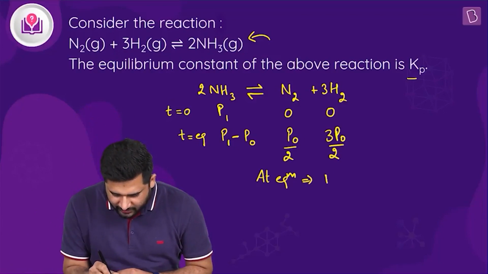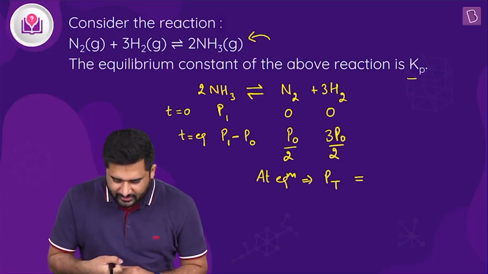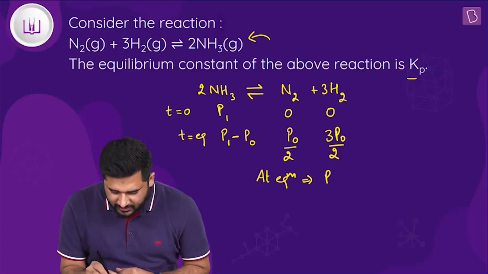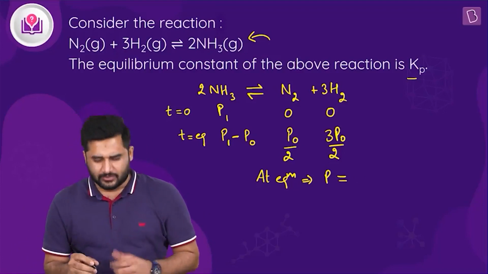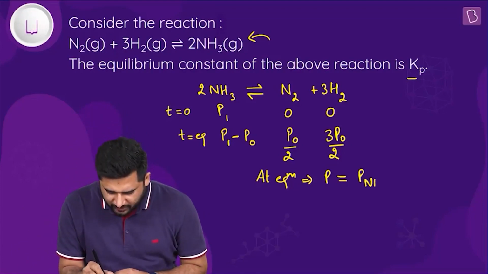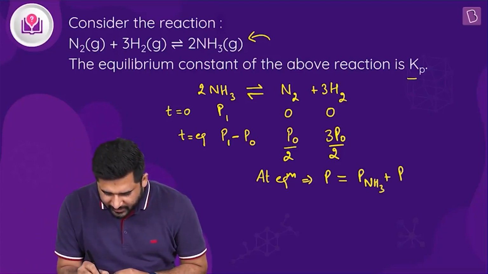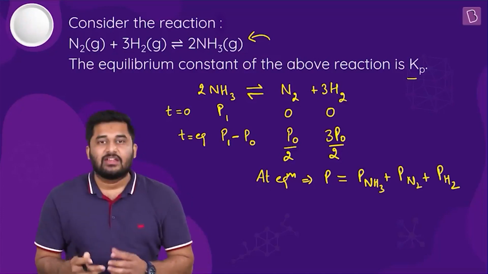So now you can see at equilibrium, the total pressure, which I am indicating with just P, will be equal to the partial pressure of ammonia plus the partial pressure of N2 plus the partial pressure of H2 at equilibrium.